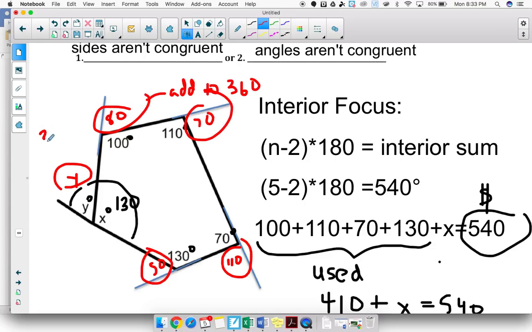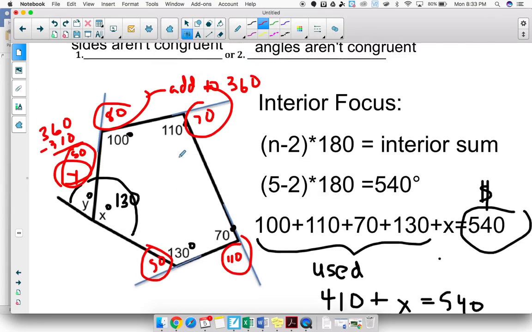So we got 360 total, we've used 310. That leaves 50 for Y. The supplement works the same way: 50 and the 130 are still supplementary. So then you've got them both figured out.